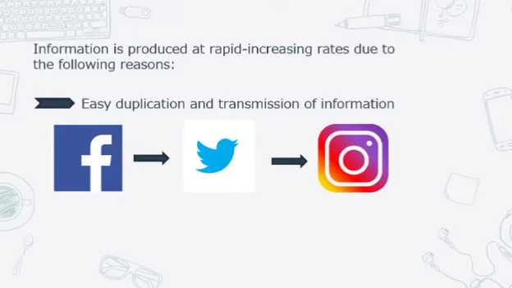So information is produced at rapidly increasing rates due to the following reasons. First is easy duplication and transmission of information. For example, a picture posted on Facebook, which is also posted on Instagram and Twitter, means that the same picture has been posted 3 times on 3 different sites.